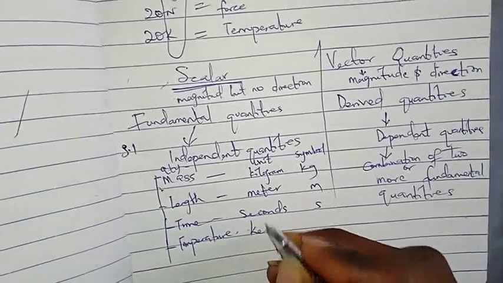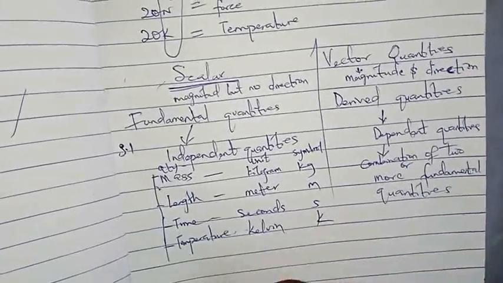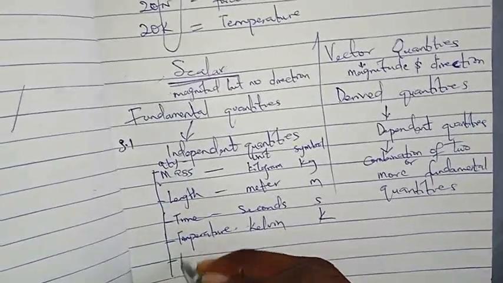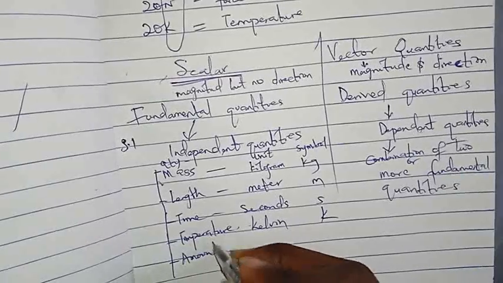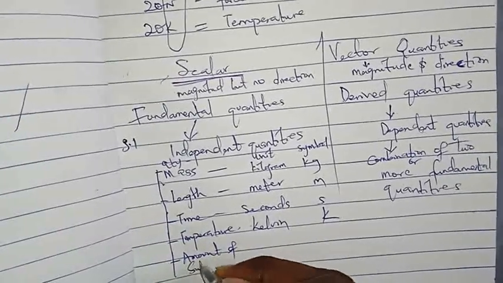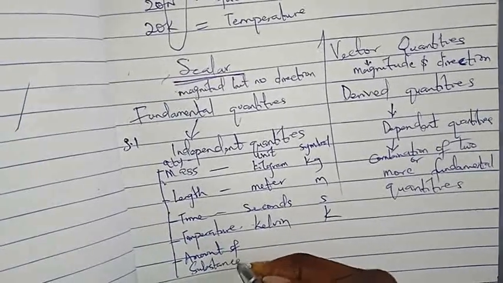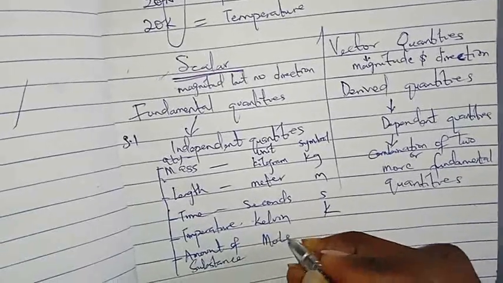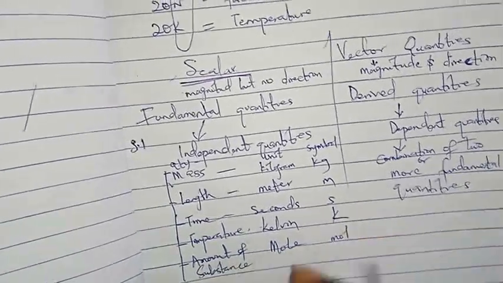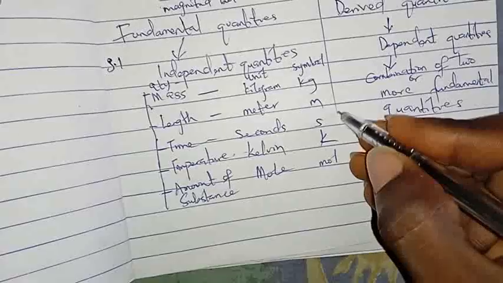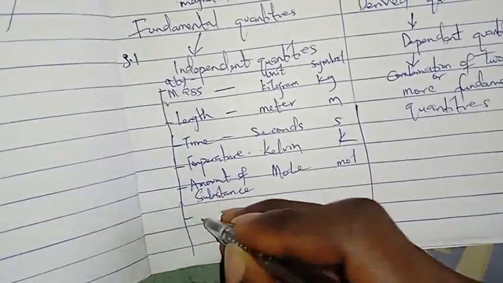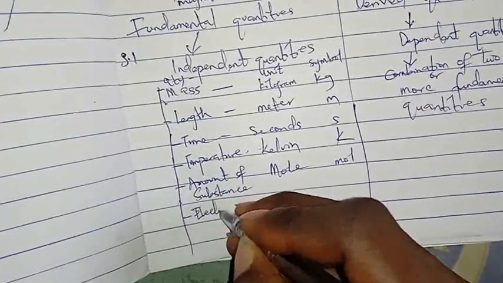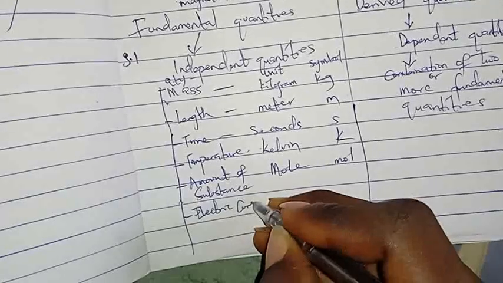We have what we call temperature. The unit is Kelvin. The symbol is K. We have what we call amount of substance. The unit is mole. The symbol is mol. We have what we call electric current.